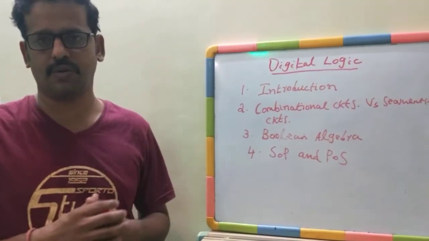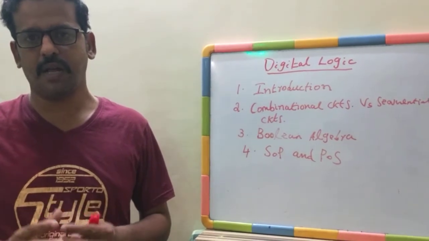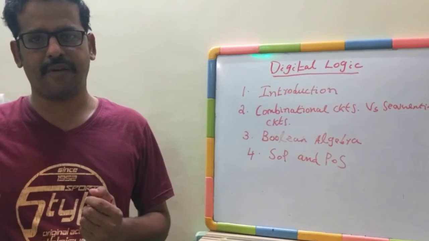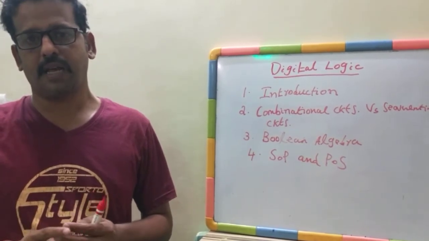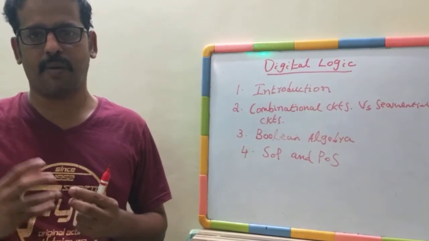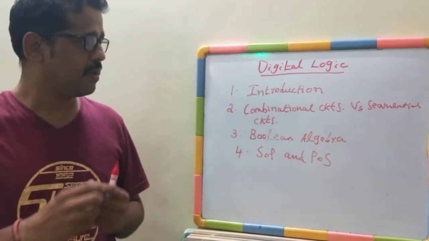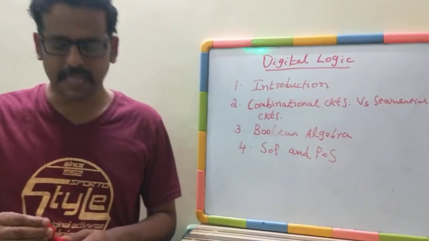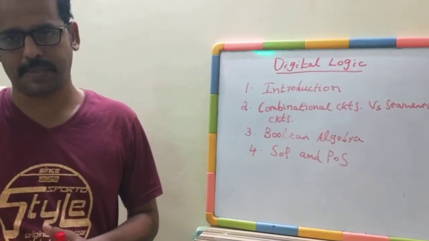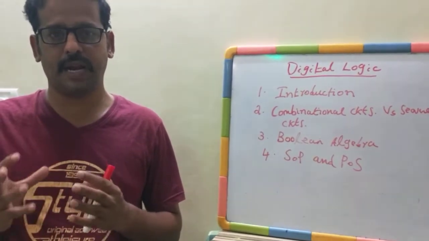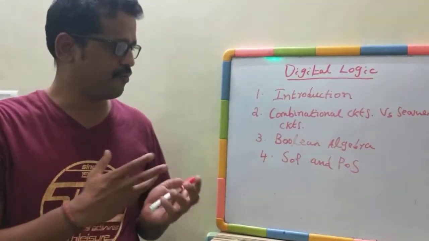For combinational circuits, the basic building blocks are logic gates. For example, a half adder needs one exclusive OR gate and one AND gate. Whereas in sequential circuits, the basic building blocks are flip-flops, because registers and counters are all designed with the help of flip-flops.